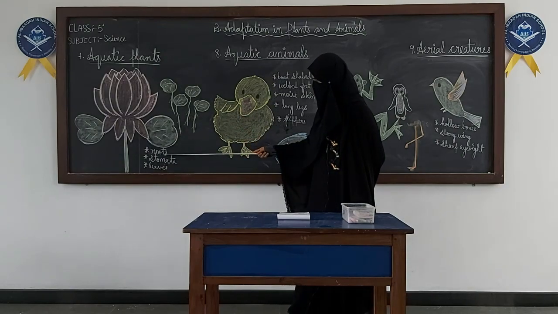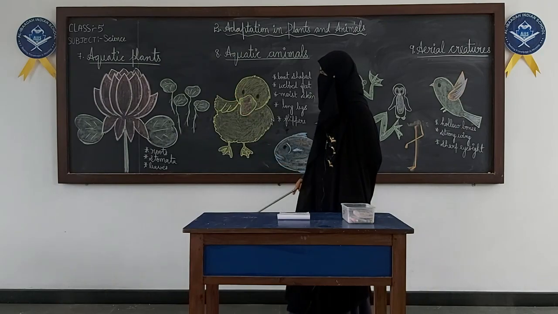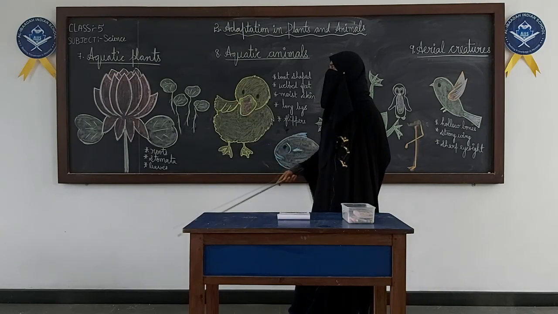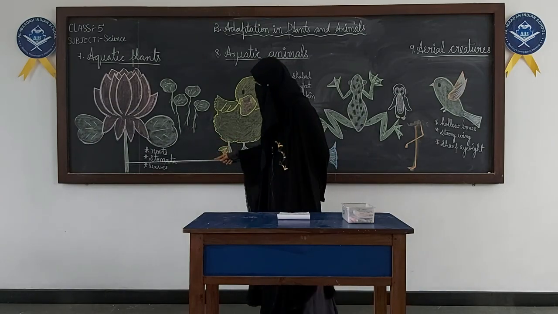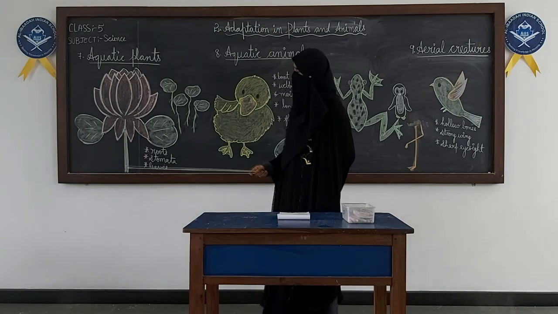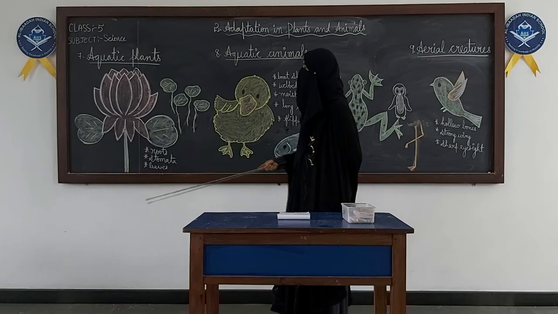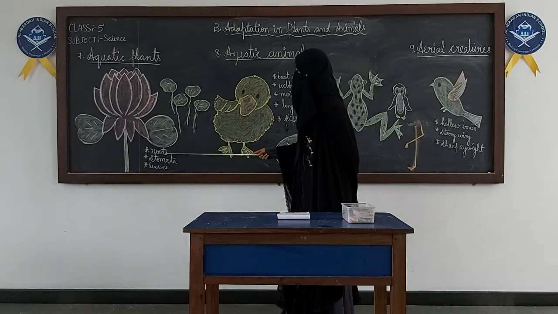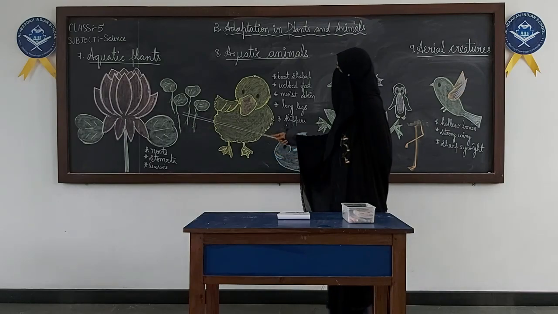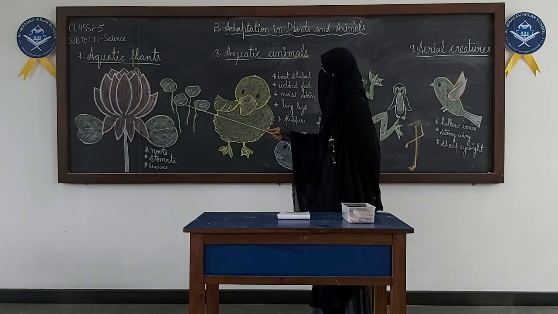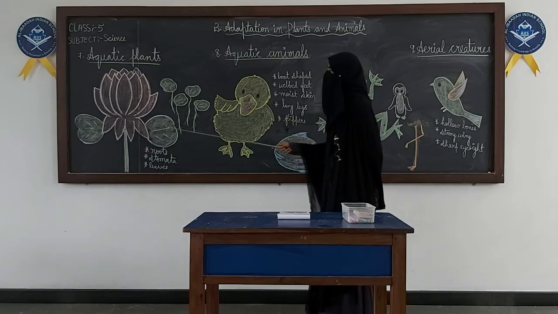Let me explain some of the features of aquatic plants. Roots. The roots of water lily and lotus are attached to the bottom, and the leaves and the flower float. But the roots of the duckweed float along with the plant, like leaves and roots, they float along.